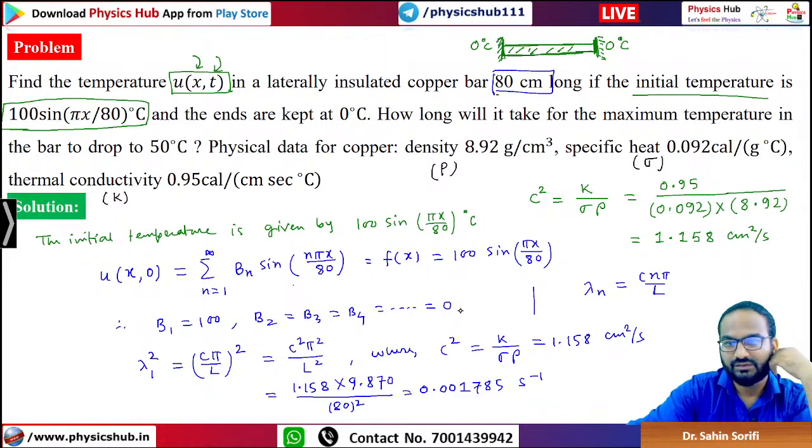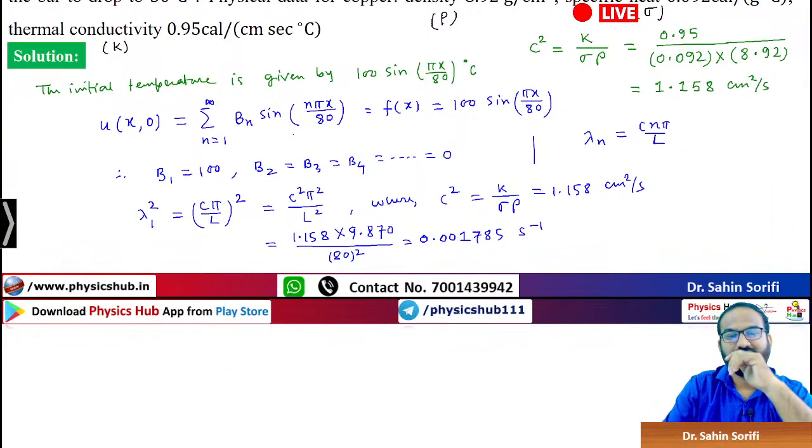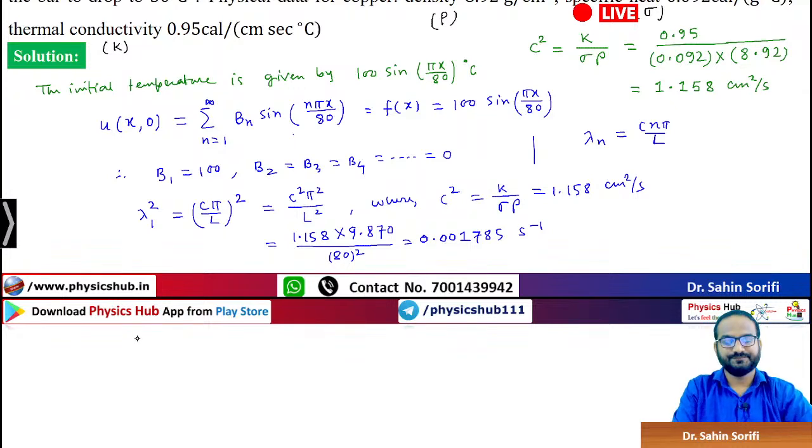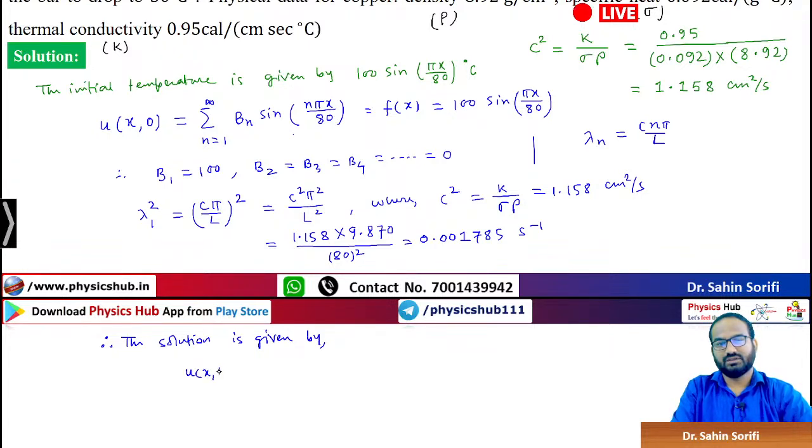So what is the solution now? Lambda 1 square we have got. So the solution is given by u of x,t equals 100 sin pi x by 80.